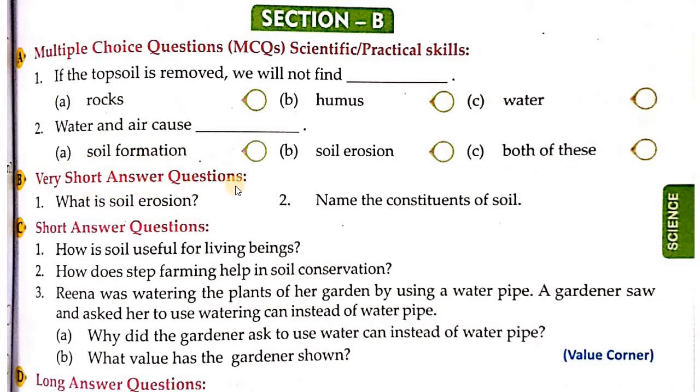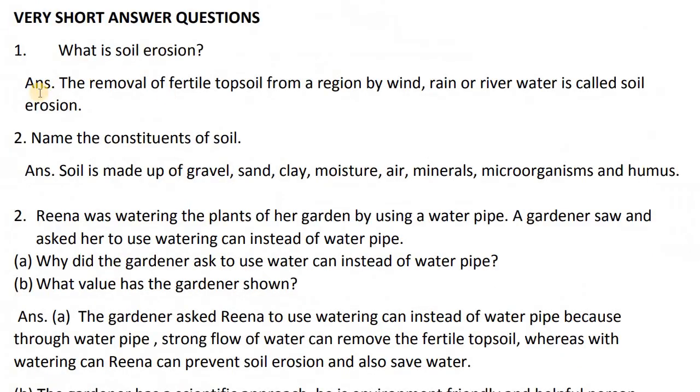Now, very short answer questions. What is soil erosion? The answer is the removal of fertile topsoil from a region by wind, rain or river water is called soil erosion. Question 2.